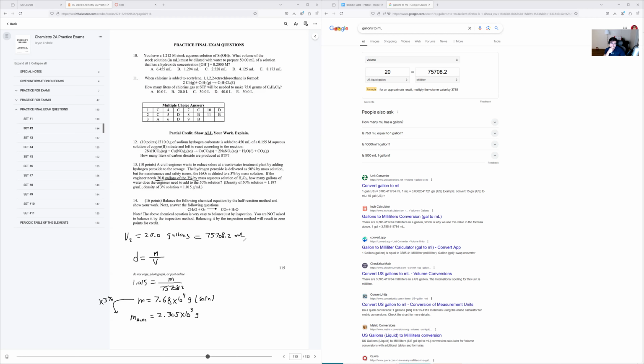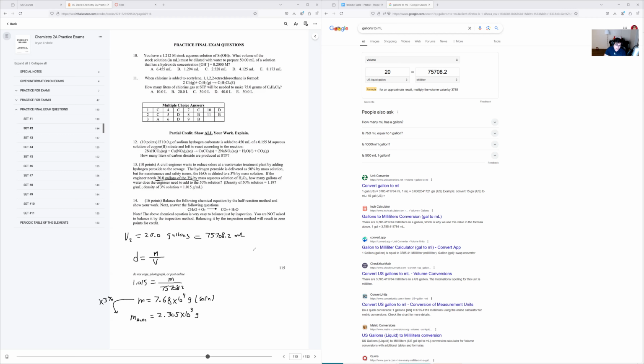Give me a sec. Maybe it's not as clear cut as I thought. So we have, oh no, this is right. Yes, we have 2.305 times 10 to the third grams of H2O2 that we need, right, for this solution. So now we have to figure out how much volume of the 50% by mass solution we need.